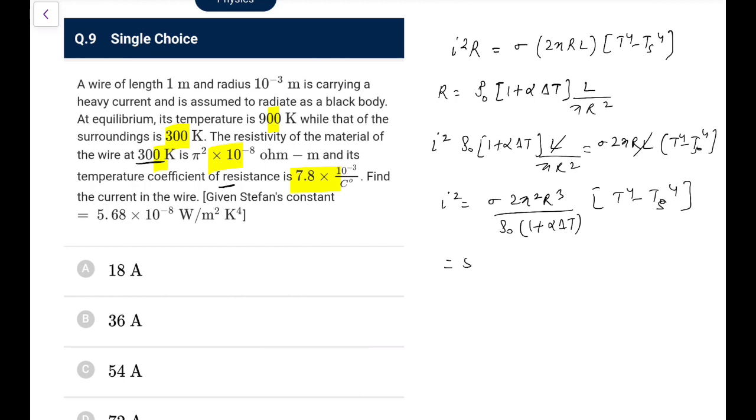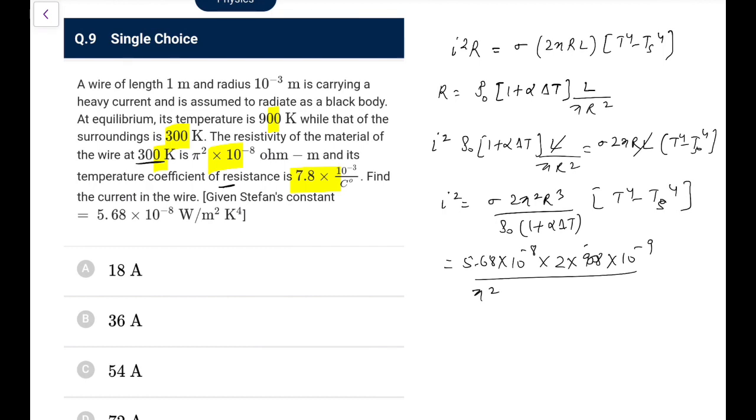Now it's not going to be a good thing to calculate, but we are left with no choice. Pi square we typically write as 9.8 or so; let me write 9.8 for the time being. R cube would be 10 to the power minus 9. The rho naught thing, I'll cancel pi square.